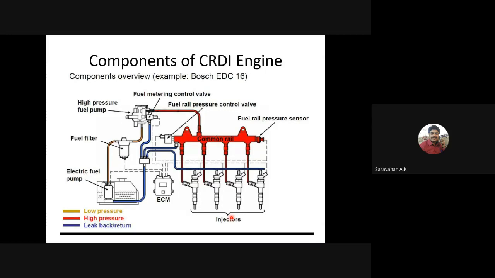So for our fifth unit we covered two topics. One is the HCCI engine and the second one is CRDI engines. Do you have any doubt on those two topics? Last class I explained the HCCI engine, but because of some technical issues we missed a 15 minute lecture.